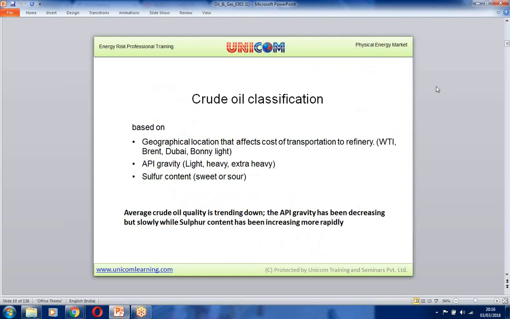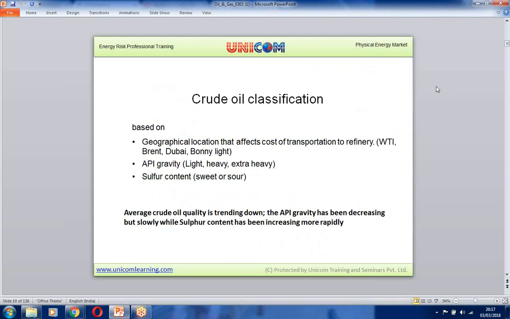Broadly, crude oil can be classified geographically. We can see WTI, West Texas Intermediate, Brent, Dubai, and Bonny Light. It depends upon the location from where the crude oil is coming. This is important because it influences the transportation cost to the refinery.